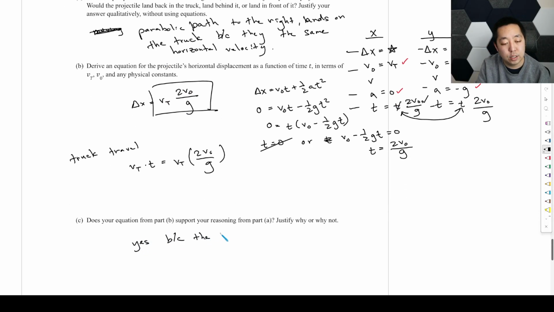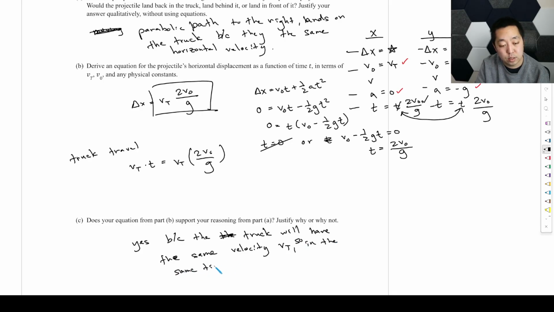because the truck will have the same velocity Vt in the same time. So in the same time, the time being 2V0 over g, it covers the same distance.